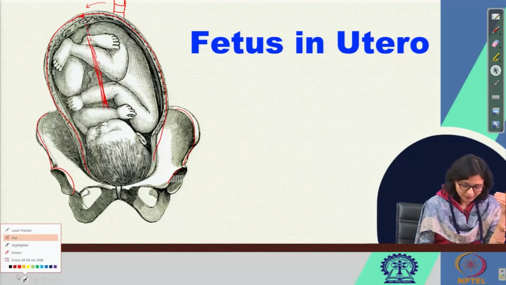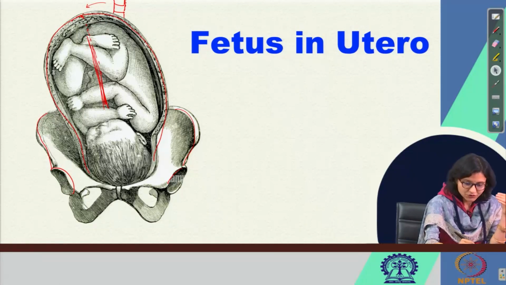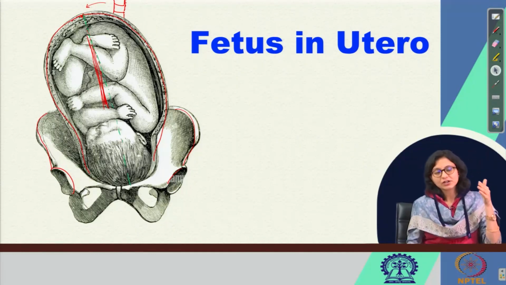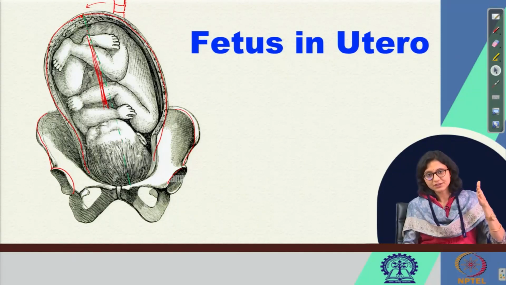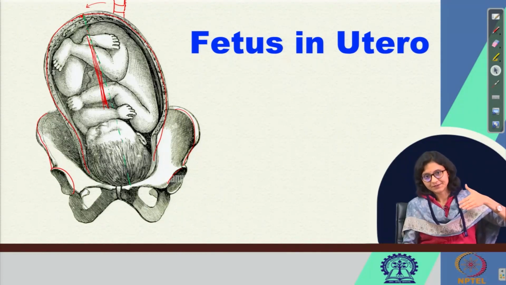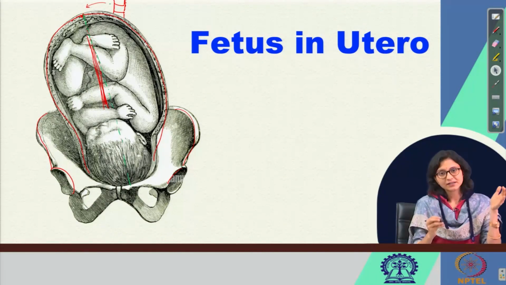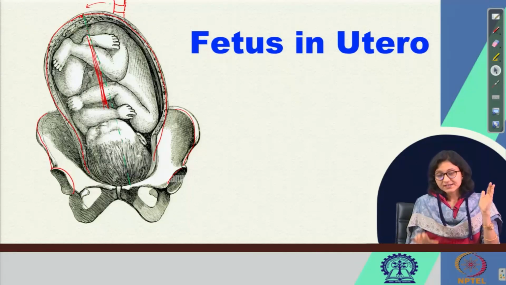I draw it with another color. This is the longitudinal axis of the mother's uterus. It is in alignment with the fetal spine, but the maternal spine is at a different plane. So, this is important.